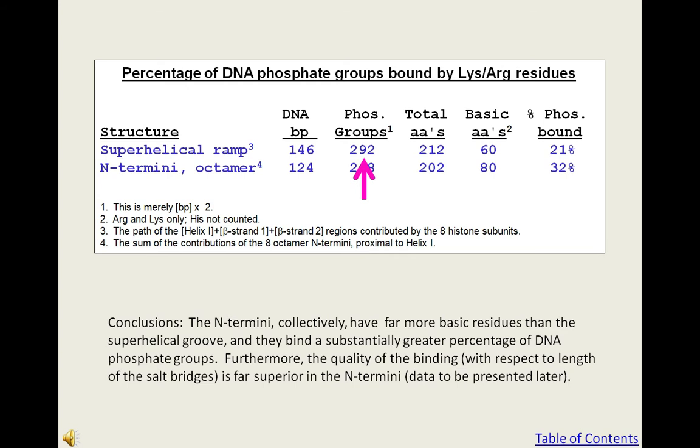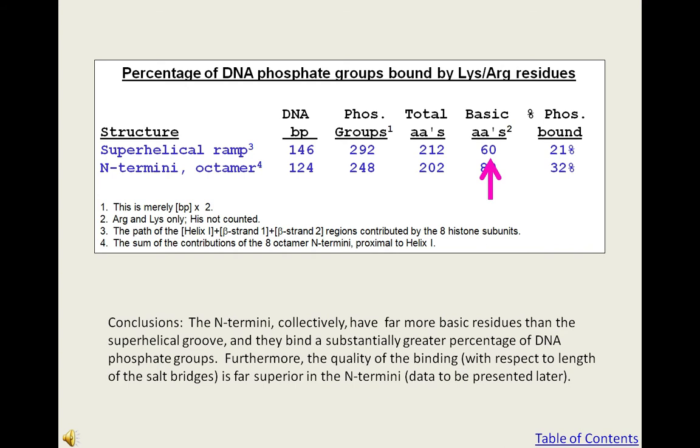There are about 212 amino acids in the superhelical ramp structures, of which 60 are basic. By the way, if you watched part 1 of this series, you may recall that I gave this number as 62 there, but only 60 here. That's because we're not counting histidine here.